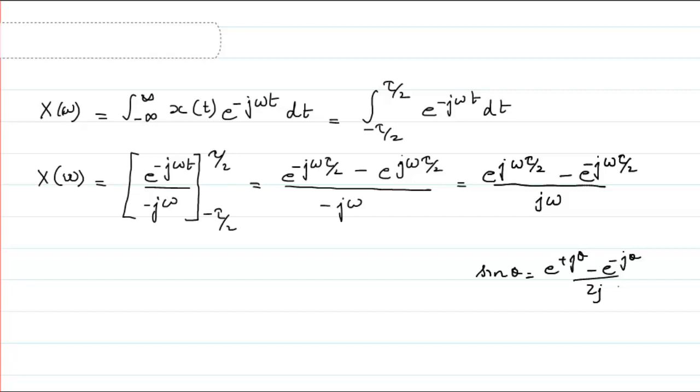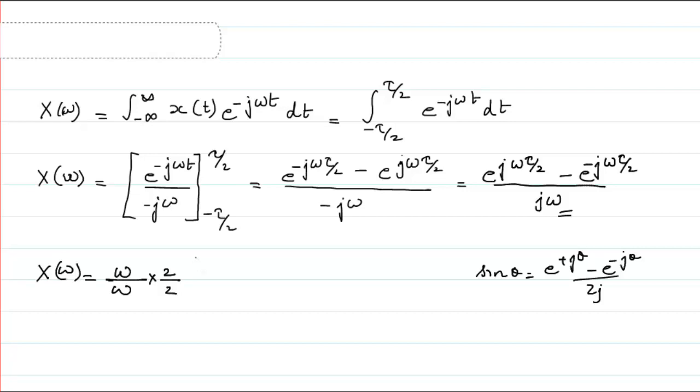So if I want 2j in the denominator, I will first have to cancel out omega, and then put a 2 here. So I write x of omega equal to, multiplying with omega so that it cancels out, and dividing with omega also, and then multiplying with 2 and also dividing with 2.